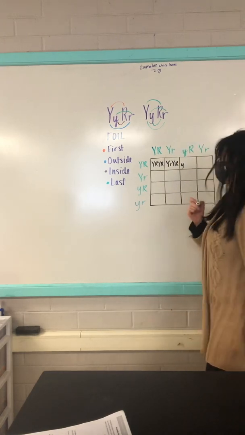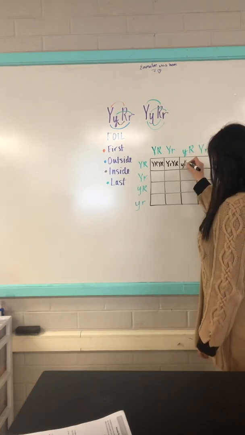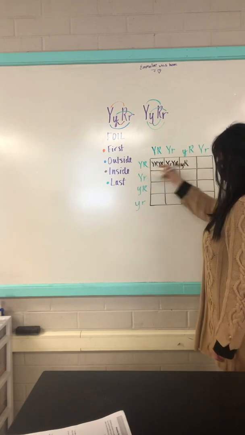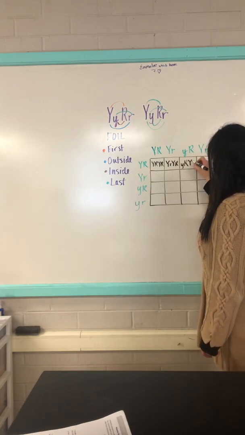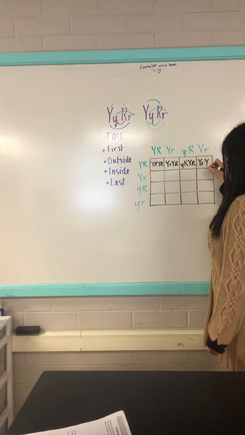We're starting with the top ones. Little y, big Y, big R, big R, and then big Y, big R. In here, big Y, little R, and then big Y, big R.